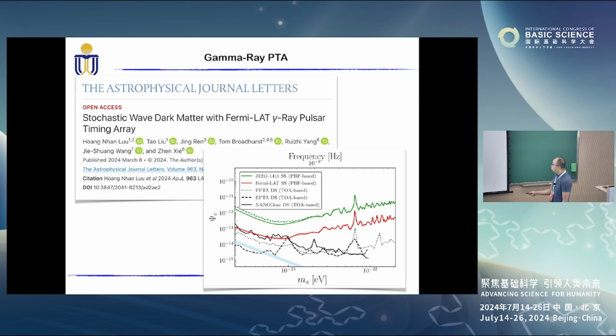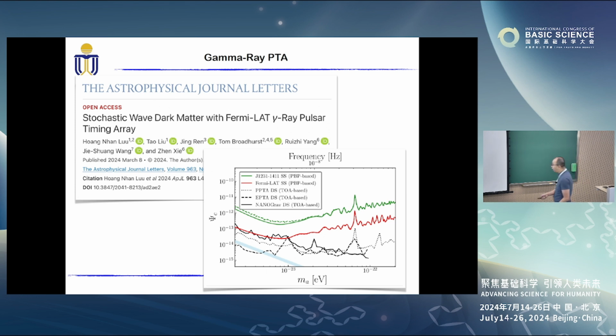The red curves represent the exclusion limits that we obtained using the gamma-ray pulsar timing array. The black curves, the solid one, dotted one, and dashed one, are obtained by PPTA, EPTA, and NANOGrav, respectively.